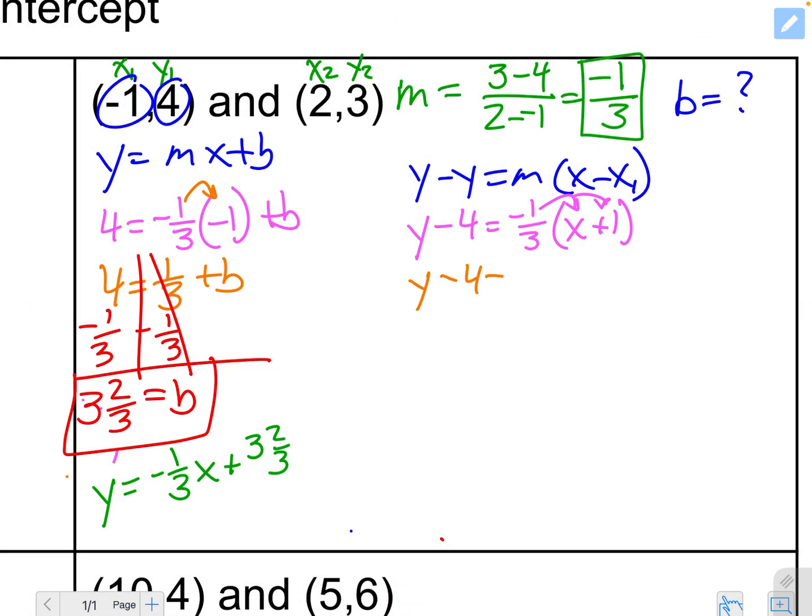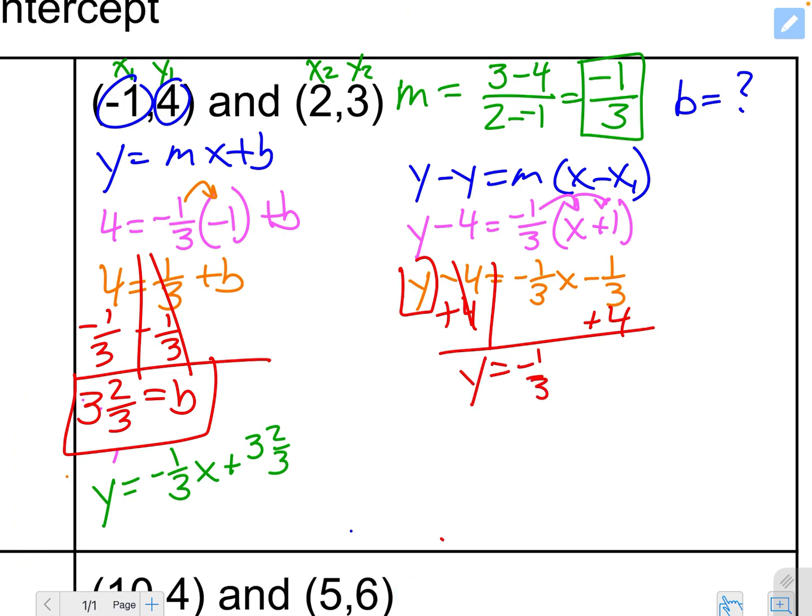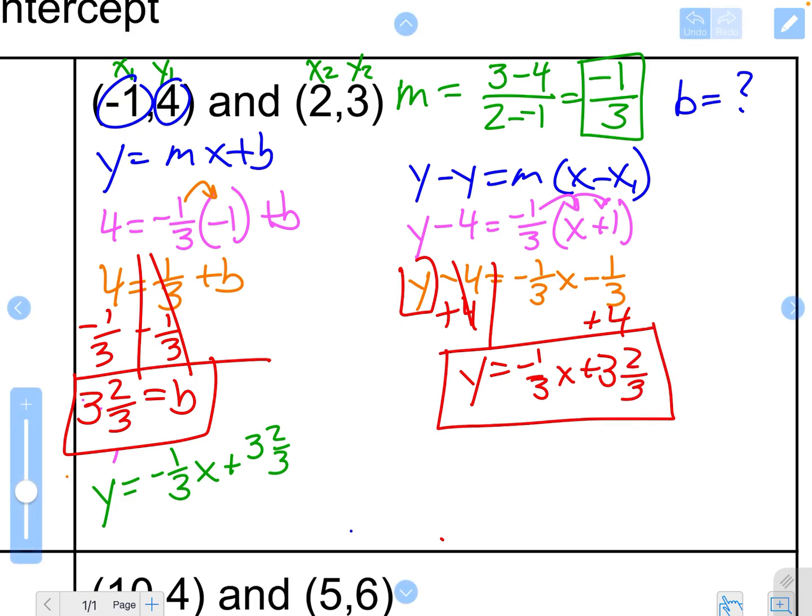Y minus 4 equals a negative 1/3 x minus 1/3. I need the y all by itself, so I add 4. I add 4. Y equals a negative 1/3 x plus 3 2/3. So again, it does not matter how you do it. Either way, you're going to get the correct answer.